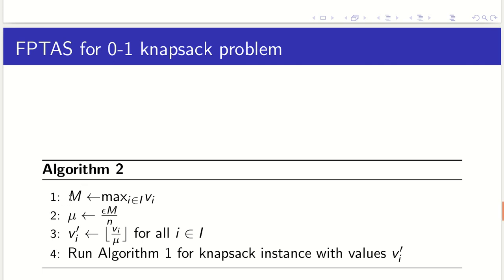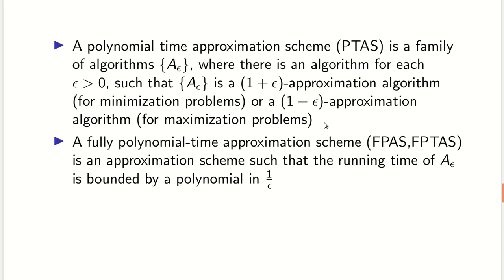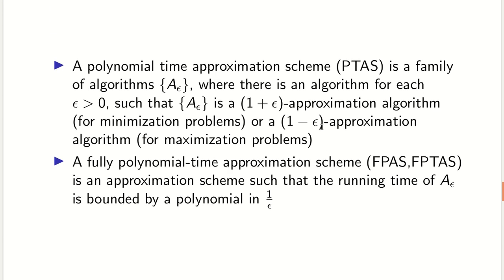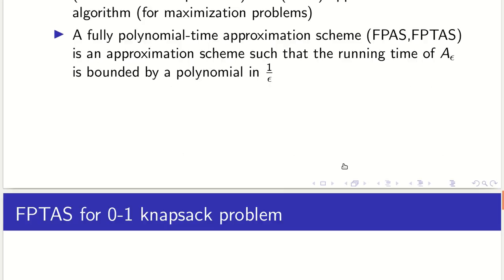Let m be a variable which denotes the maximum value of any item in set I. And let us define a variable mu such that its value is epsilon times m by n. Epsilon is a given value, so that our aim is to calculate a 1 minus epsilon approximation algorithm.